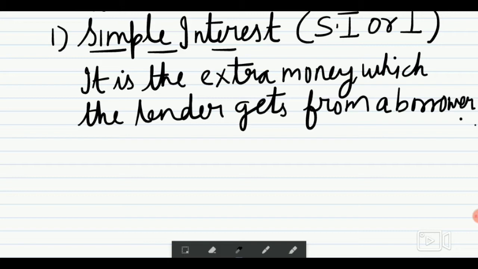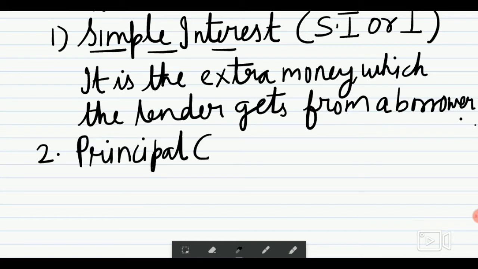Now the second term which we have to discuss here is principal. So what is principal? Principal is denoted by capital P, or we call it a sum also.